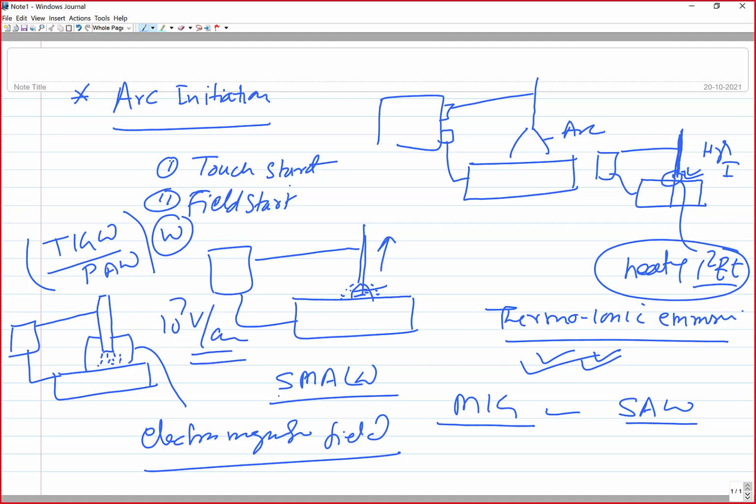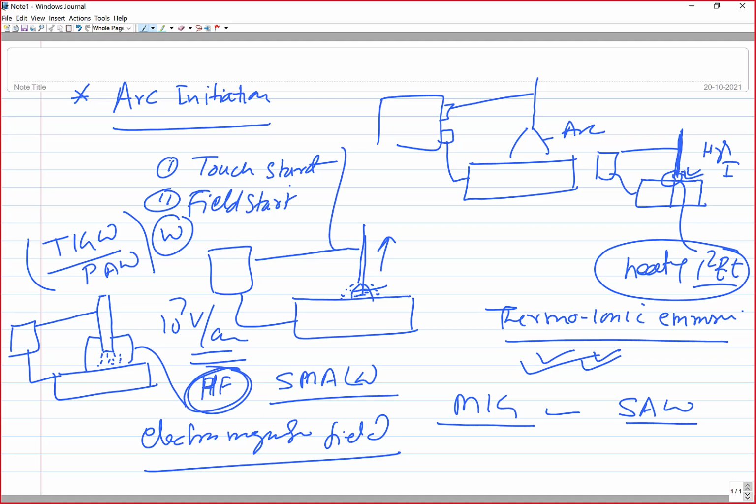That's the kind of high potential difference which is established for just a very short while. A typical device known as a high frequency, HF, converter is used for this purpose. The HF unit supplies such a high voltage for a very short while, so that a high potential difference is established across the electrode and workpiece, and the electrons are emitted.